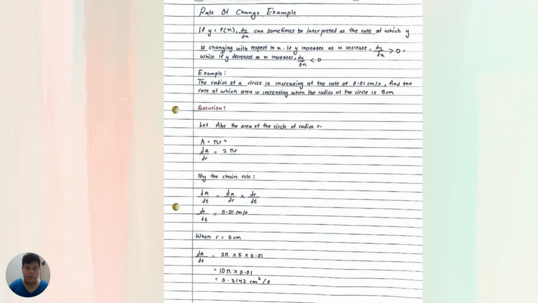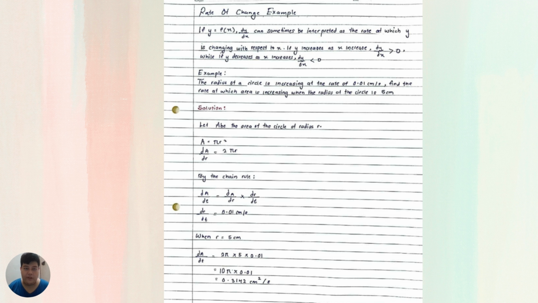Hi, my name is Amirul, and now I'm going to show another example of rate of change. If y equals f(x), dy/dx can sometimes be interpreted as the rate at which y is changing with respect to x.